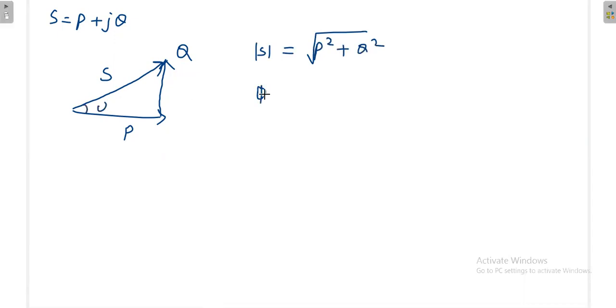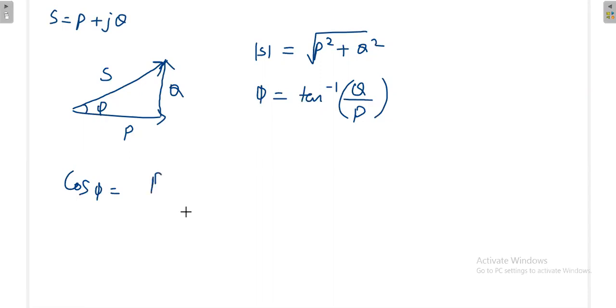Then what is phi? Phi is equal to tan inverse of Q divided by P. Or otherwise, cos phi is equal to P divided by S, and sin phi is equal to Q divided by S. So from this, cos phi is equal to P divided by S, and P is equal to S into cos phi.